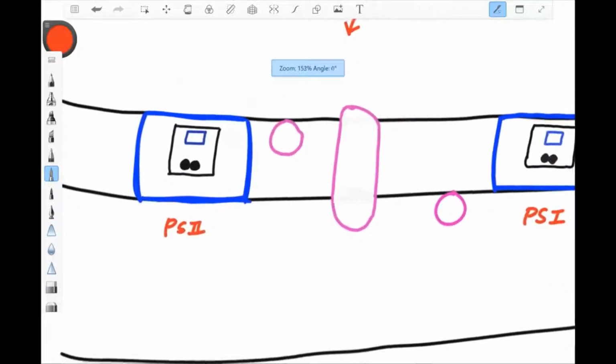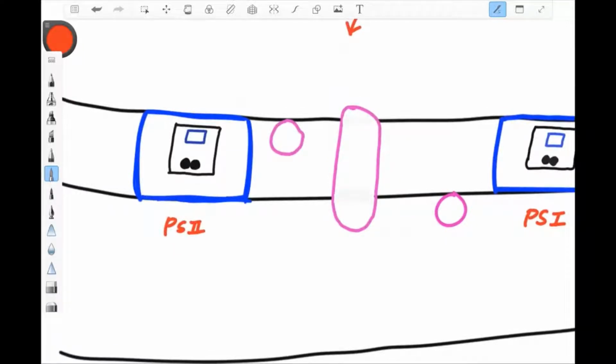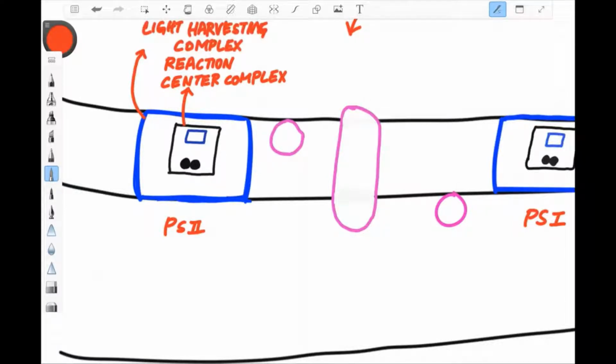Each photosystem consists of an inner layer known as the reaction center complex. The outer layer is known as the light harvesting complex. This is where you can find all the chlorophylls: chlorophyll A, chlorophyll B, and carotenoids.